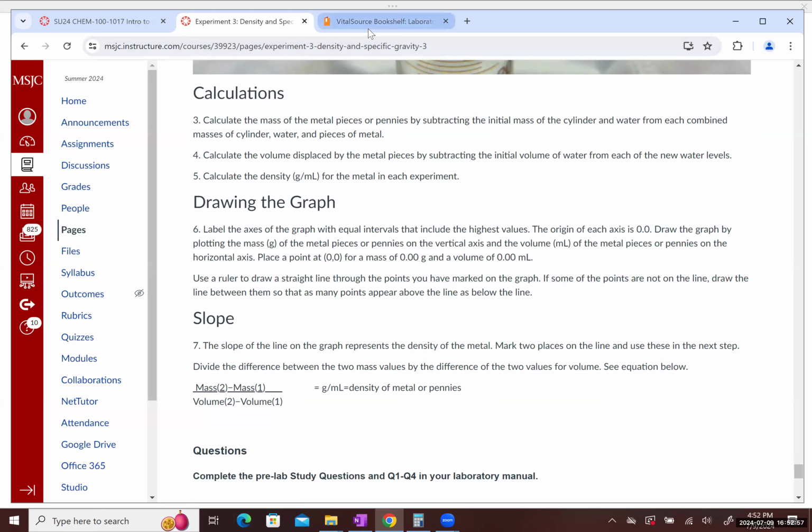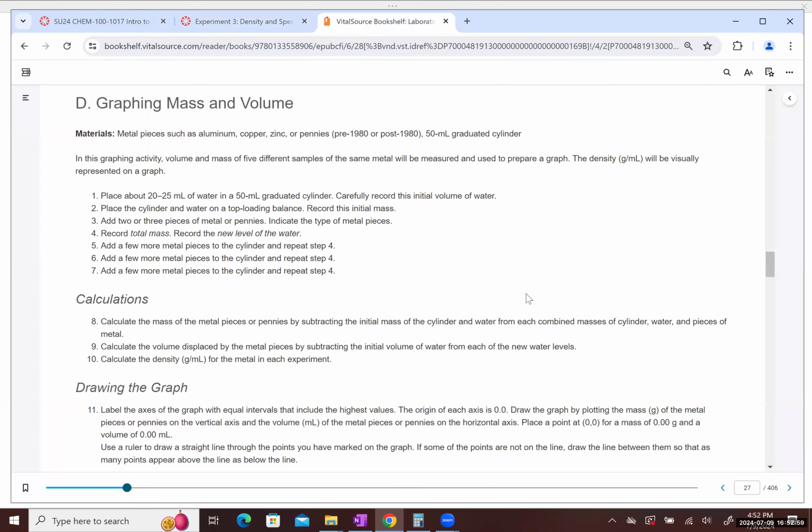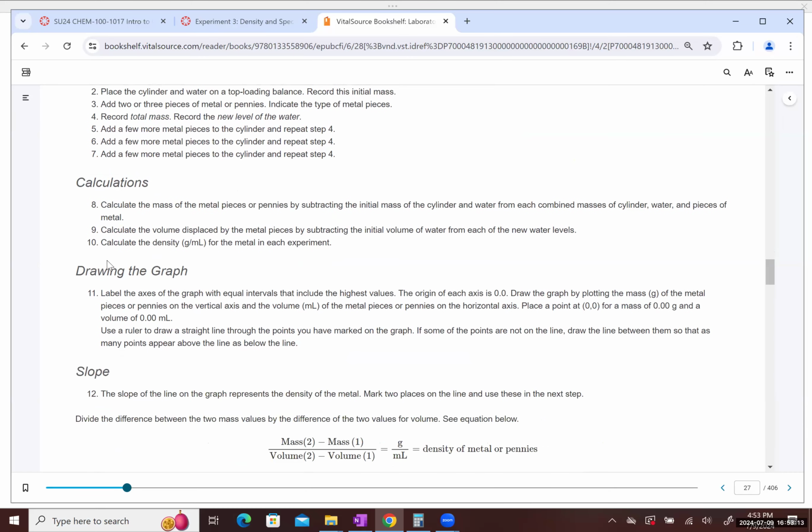In this case, we're asked to calculate the mass of the metal pieces via difference. We're going to calculate the volume of the metal pieces via difference, and then we'll calculate the density for the metal in each trial. We're then going to draw a graph where we graph mass on the y-axis and volume on the x-axis, and we'll work through that together.